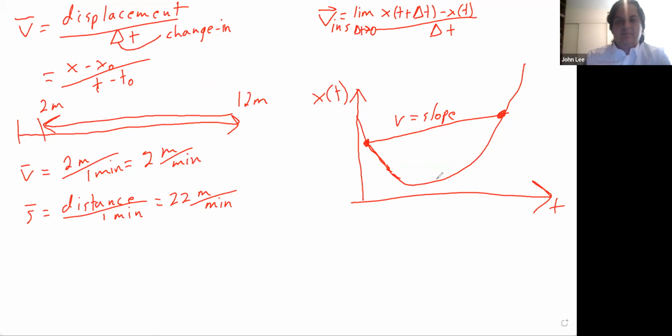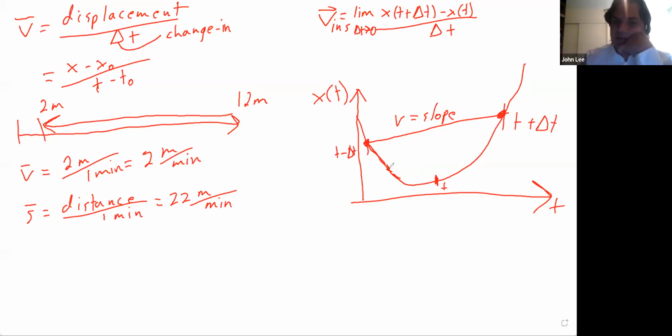If this is the time that we're looking at, then this is some big delta t, and this gives us the slope of the line from t plus big delta t through t minus big delta t.